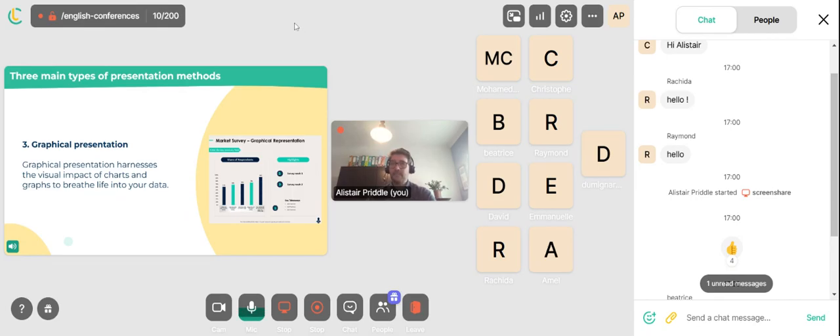Number 3, our third type of presentation, the graphical presentation. Graphical presentation harnesses the visual impact of charts and graphs to breathe life into your data.